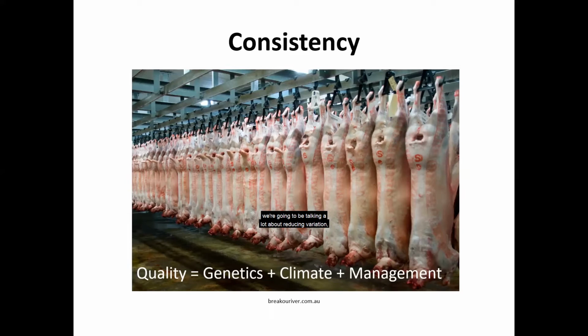So we talk about selection tonight, again, with the goal of consistency as part of meat quality. We're going to be talking a lot about reducing variation, which is different than a natural system. But in artificial systems, our goal is to reduce variation through selection to be able to produce a more consistent, predictable product.